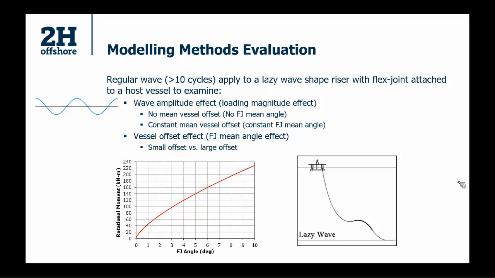The flex joint nonlinear stiffness curve is provided in the plot at the lower left. This is a typical flex joint nonlinear curve we receive from the flex joint vendor, a relationship between the rotational moment and flex joint angle.